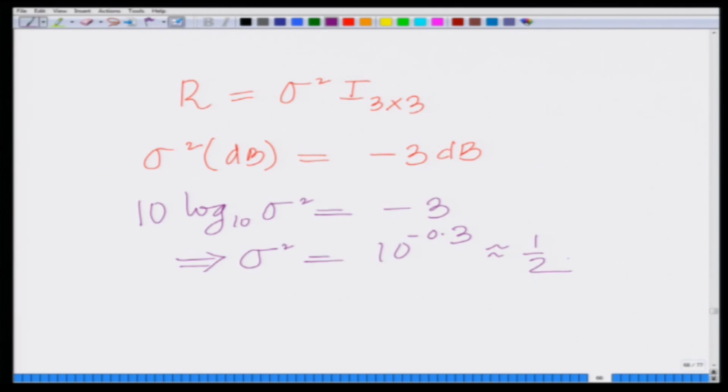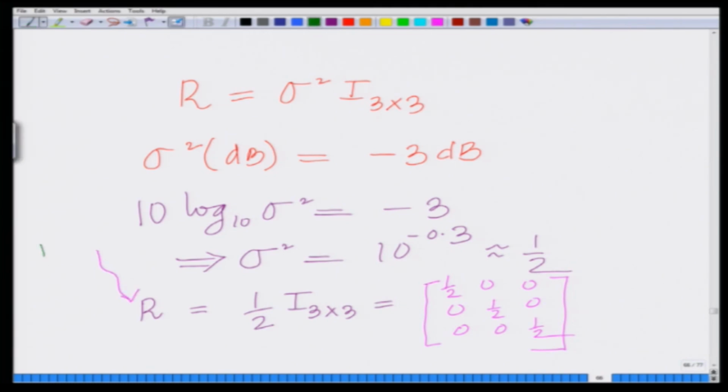Minus 3 dB is basically a factor of half. Therefore, R equals sigma square times the 3 cross 3 identity matrix, which has half, half, half on the diagonal and zeros everywhere else.